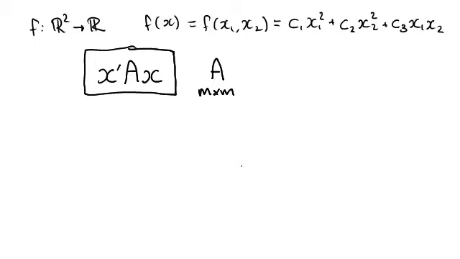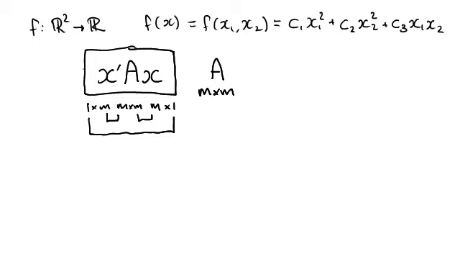You can check that the dimensions make sense. X transpose is 1 by m, A is m by m, and x is m by 1. So these match, and the final result of x transpose Ax is 1 by 1. So it is actually a number.